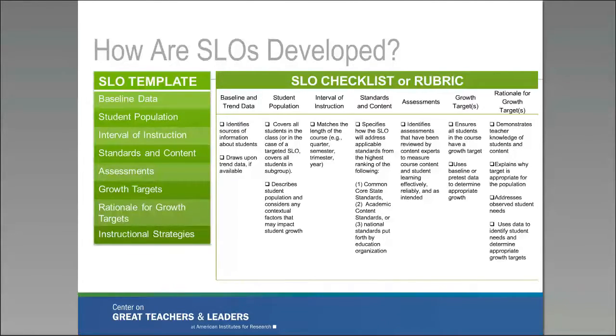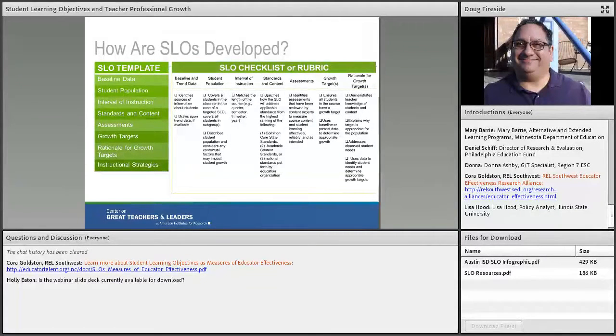Where do they think students are going to land by the end of the interval of instruction? Again, these templates change depending on which district or state we're talking about, but in general, most of the templates that we've seen when we look nationwide have some sort of rationale for the growth targets, and in some states and locations, there's also a section for instructional strategies.